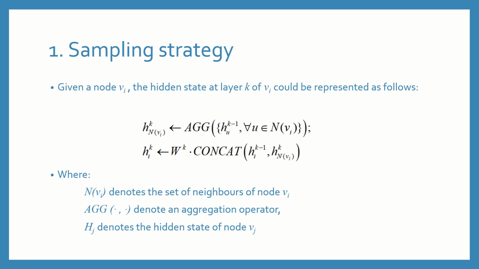So we employ k layers of the sampling strategy, where the set N(vi) denotes the set of neighbors of node vi, and the function aggregation denotes an aggregation operator. It may be the mean function or the pooling function, and h_j denotes the hidden state of the node vj.